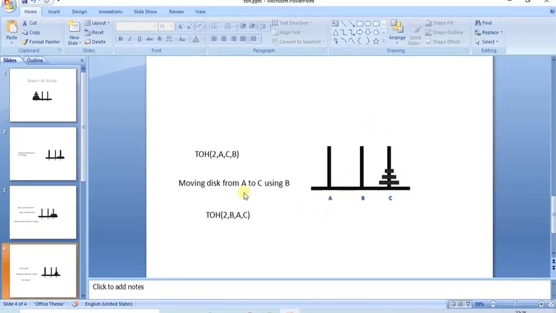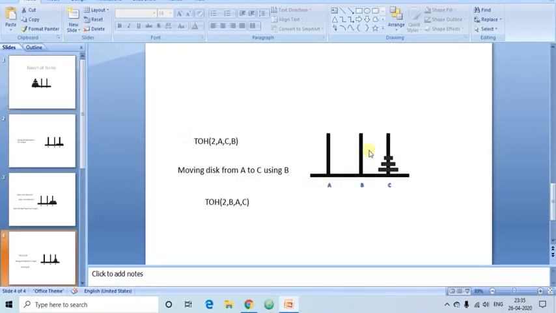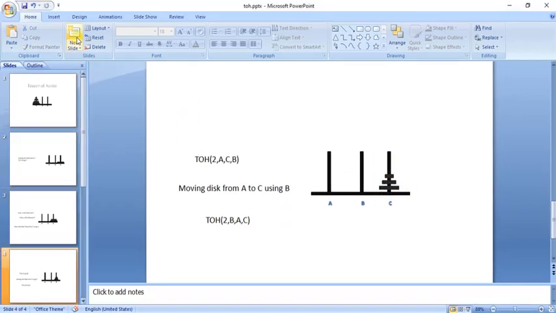Now let us look at the algorithm. How many disks are there? Three disks. So the basic algorithm should look like this.